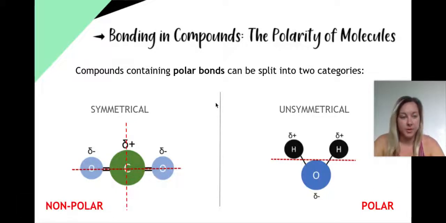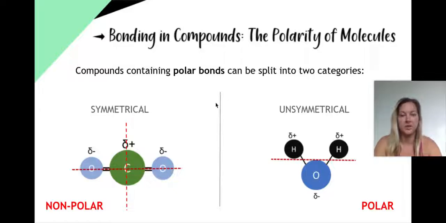So to recap that, if you have a symmetrical molecule where you have positives and negatives on both sides, then you have a non-polar molecule. If your molecule is unsymmetrical and you have a clear positive side and a clear negative side, then that is a polar molecule.